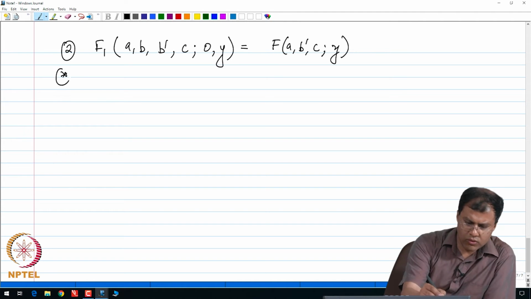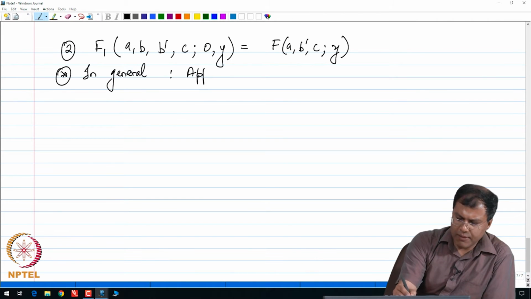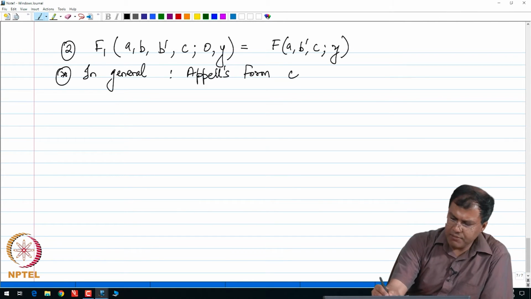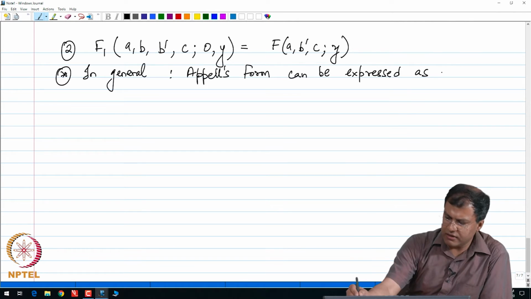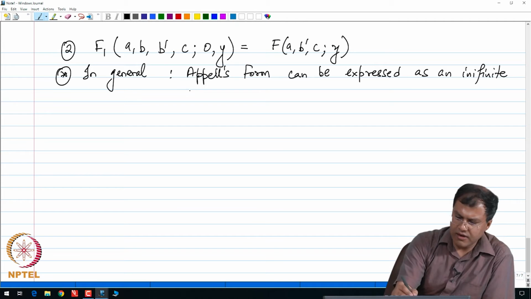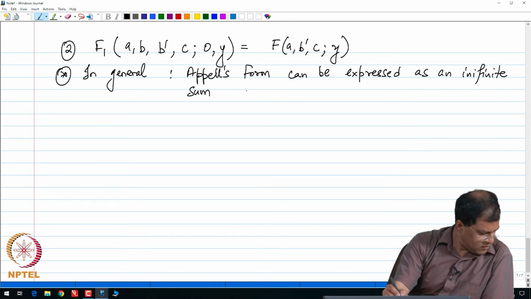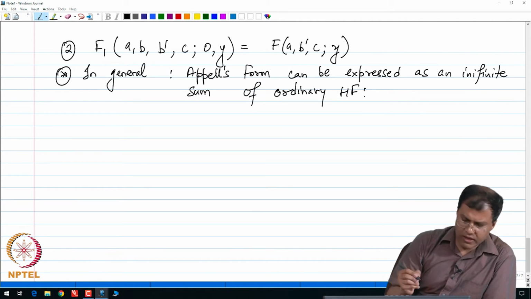So, in general, my Appell's form can be expressed as an infinite sum of the ordinary hypergeometric function. Okay, as follows.